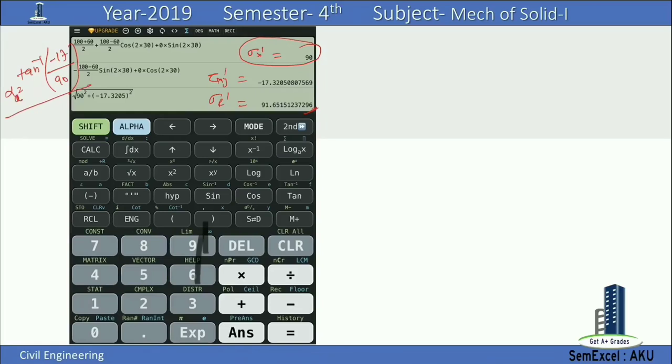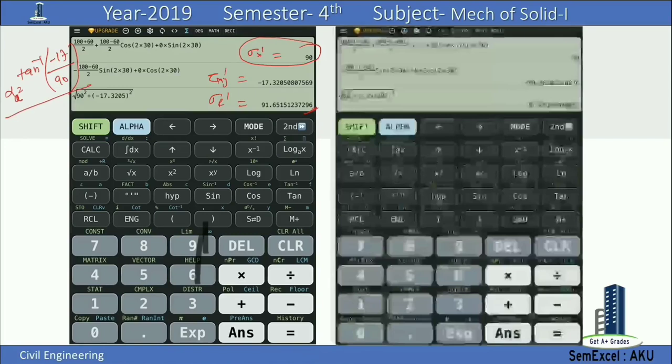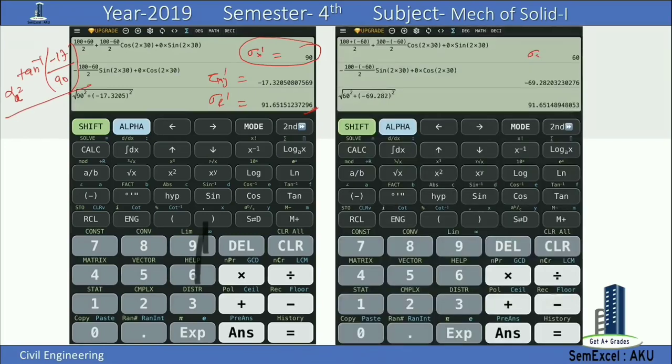Again, for 3b, this is the sigma x dash, tau xy dash, and resultant stress sigma r dash. We have calculated all three values by putting in that formula, and here alpha b, that is the angle, is equal to tan inverse of tau xy dash divided by sigma x dash, minus 69.28 divided by 60. That will be the answer.